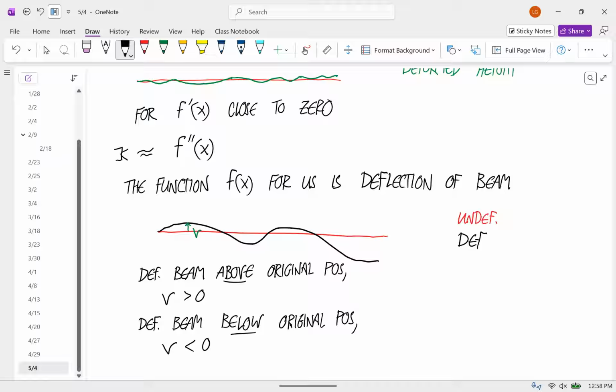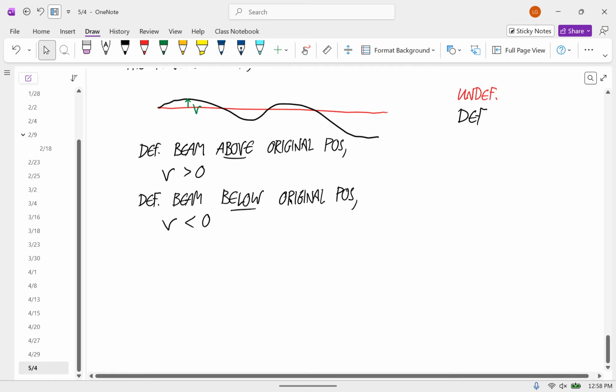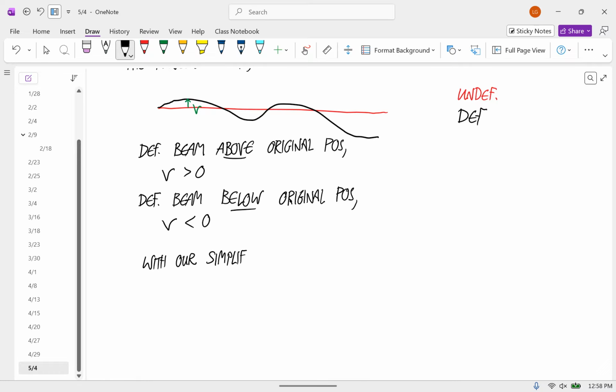And with our simplification, we can rewrite that Euler-Bernoulli beams, elastic beams equation.